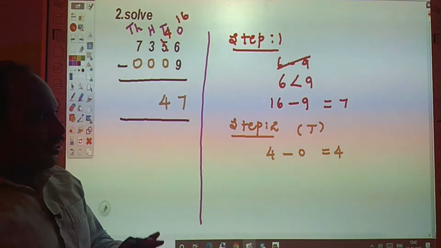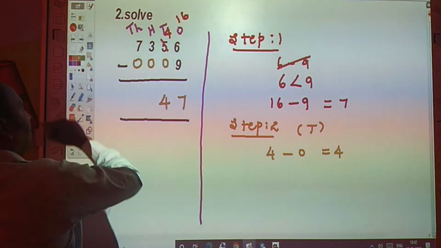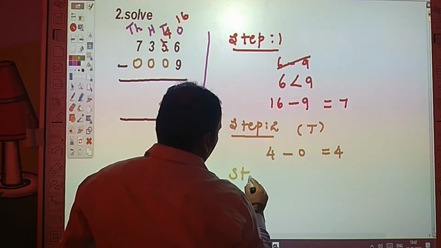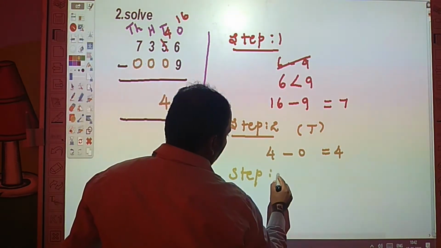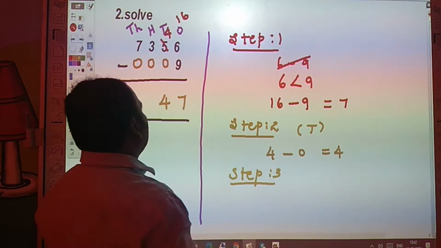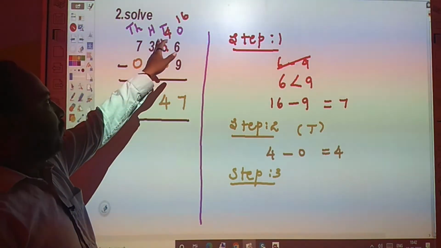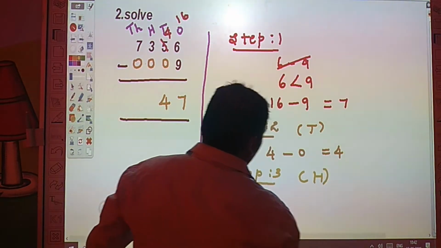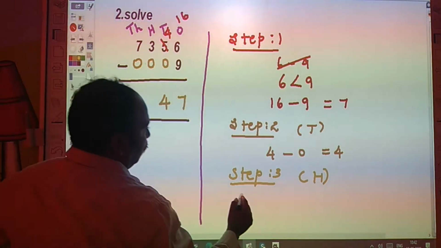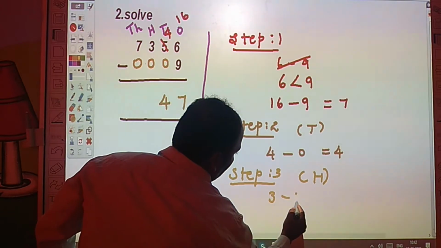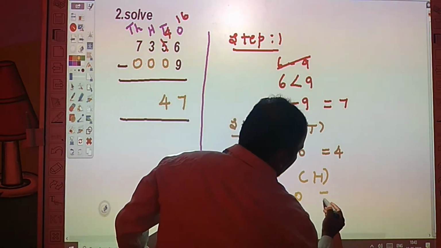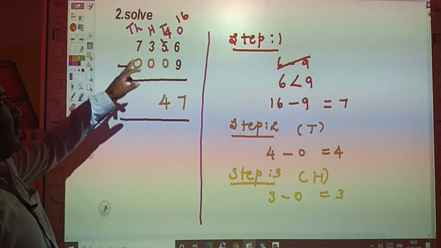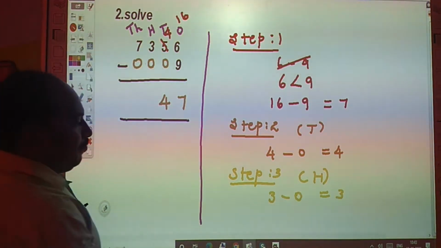Next we go to step 3. Here step 3 is the hundreds place. 3 minus 0. 3 minus 0 is equal to 3. The next step 4, thousand place.